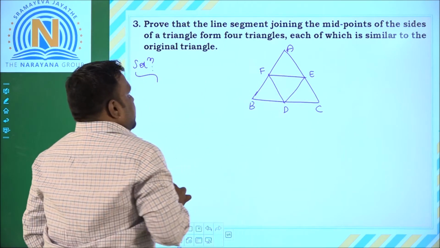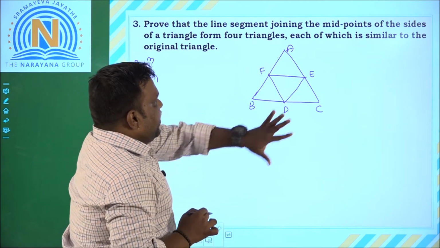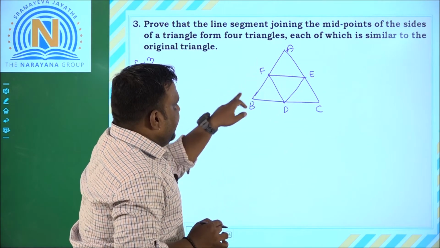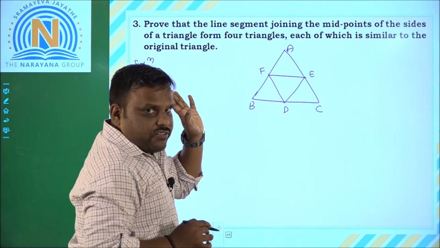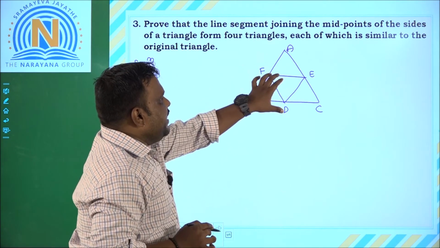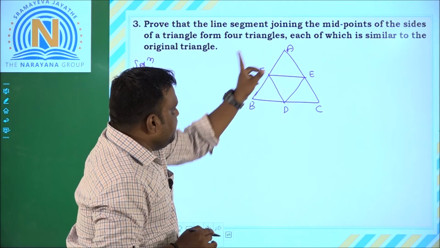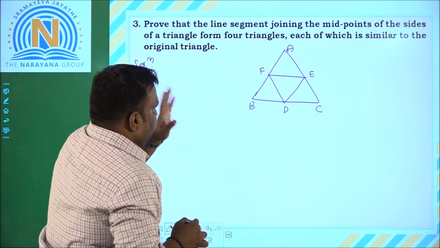Now here we can see that we have 4 triangles. AFE is the first triangle, FBD is the second triangle, EDC is the third triangle, DEF is the fourth triangle. We have to prove that these 4 triangles inside are similar to the original triangle, that is ABC.